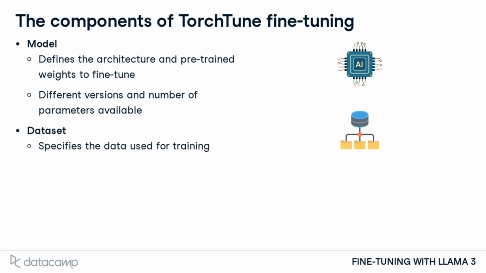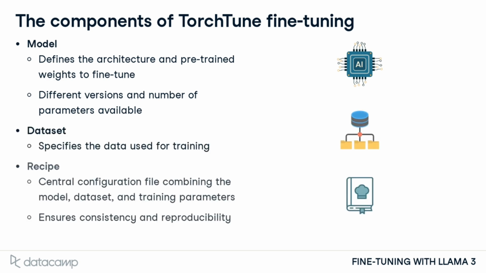The dataset provides the data to be used for fine-tuning. Finally, the recipe is the configuration file that ties everything together: model, dataset, and training parameters. It can be customized to fit specific fine-tuning tasks, while its format ensures consistency and reproducibility.